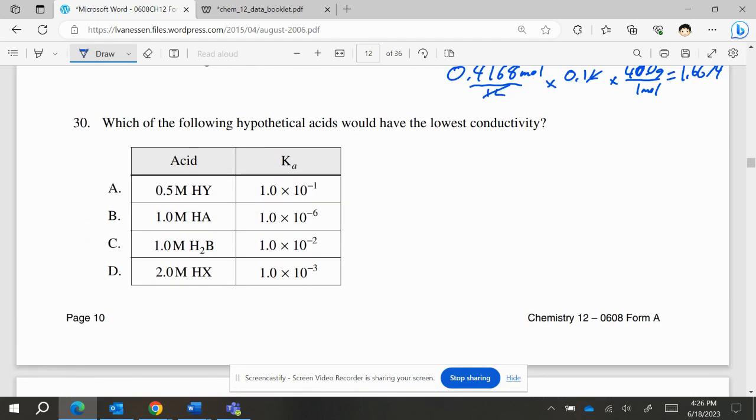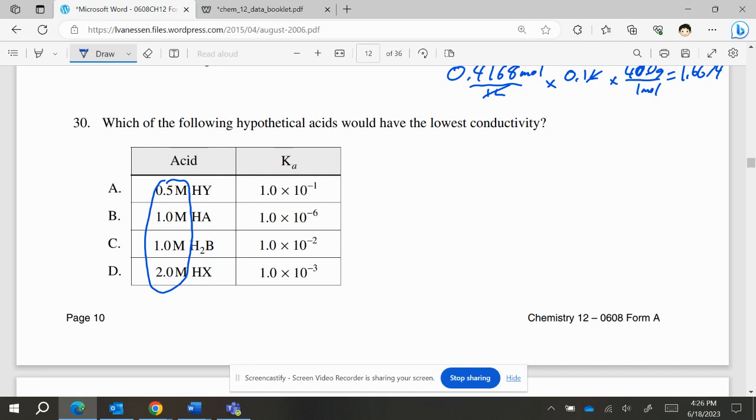Which of the following hypothetical acids would have the lowest conductivity? These concentrations are somewhat important, but I can see they're unimportant because we have Kas that are just so different.